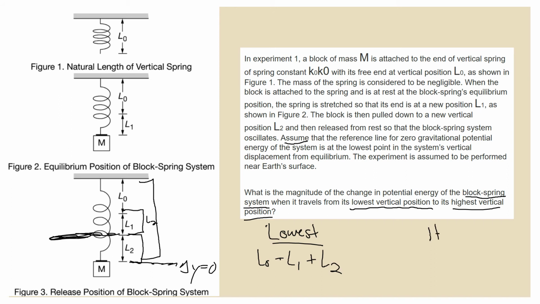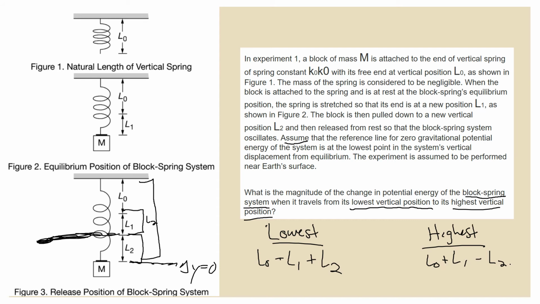So how do you get that? Well, the way you get that is you think, well, this line here is L naught plus L1, right? This line right here is L naught plus L1. But if it's going to go L2 above that, then we need to take that off. And so the highest position then is going to be L naught plus L1 minus L2.